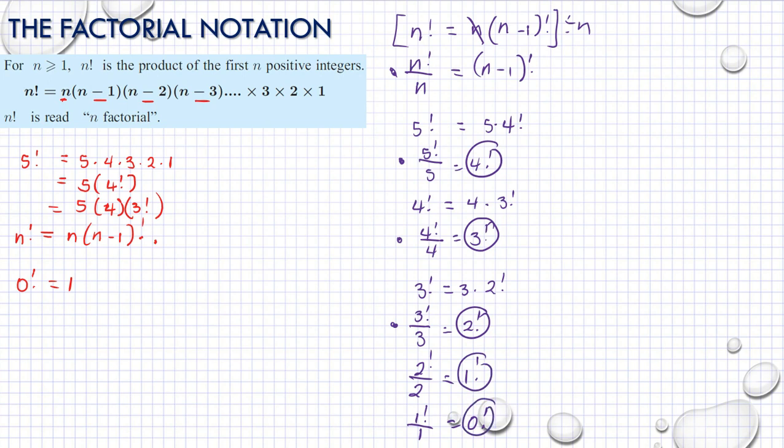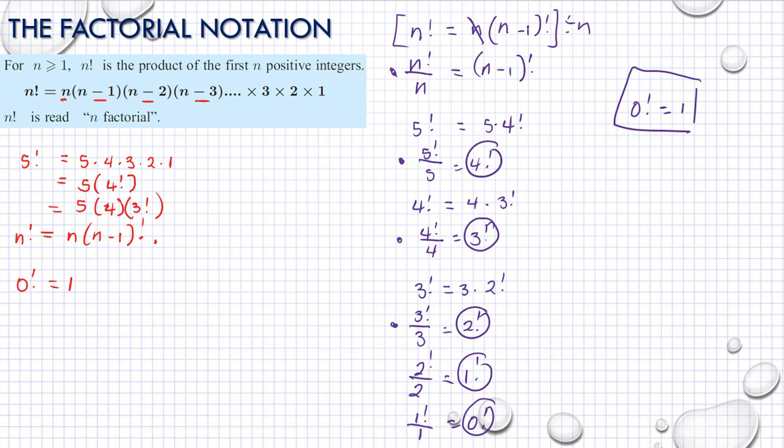Then we have 1 factorial divided by 1, and 1 factorial is equal to 1. That's 1 times 1. Then we have now 0 factorial is equal to 1. We've shown this by using a pattern. I didn't prove it. I just showed that this applies.